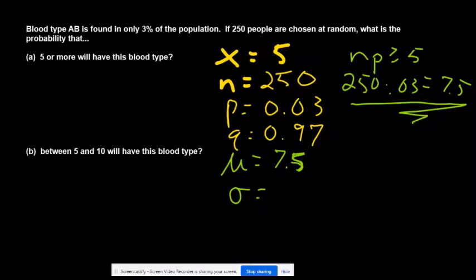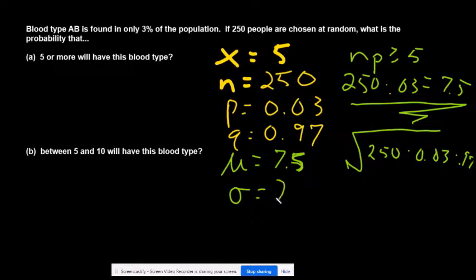Our standard deviation is the square root of the sample size, 250, times probability of success, 0.03, times that 0.97. If I do that on a calculator, second square root 250 times 0.03 times 0.97, I get a standard deviation of right around 2.7.